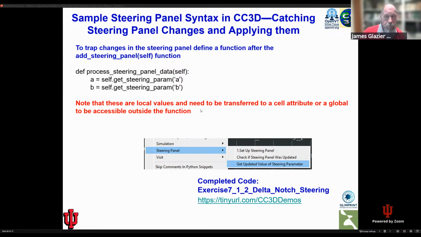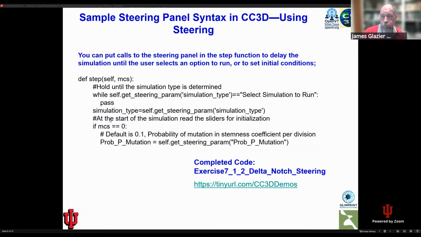These are local inside of this def, and so you're going to have to transfer them to a cell attribute or global to be able to make them accessible outside. You can also put calls to the steering panel in a step function, for example, if you want the simulation to stay paused until a user selects an option or sets initial conditions.